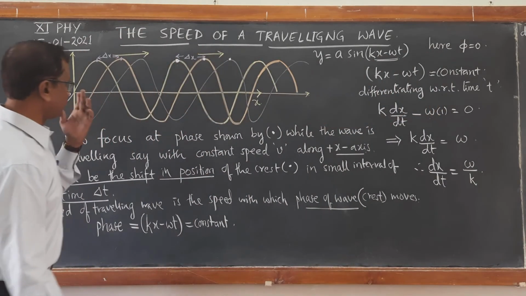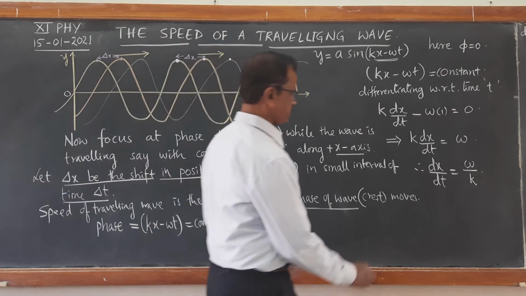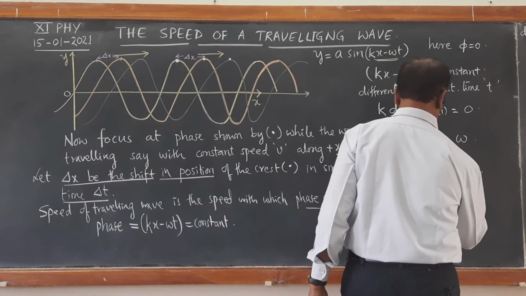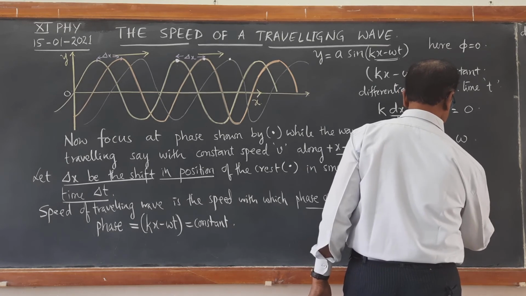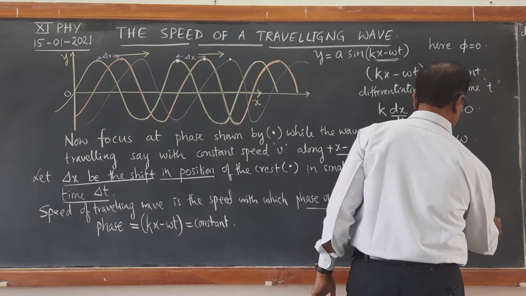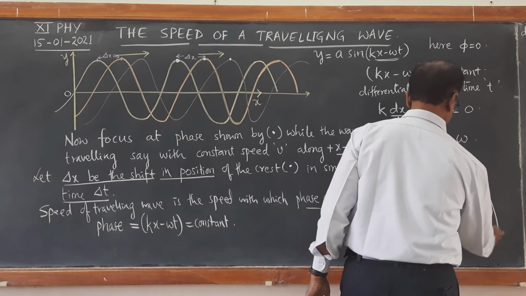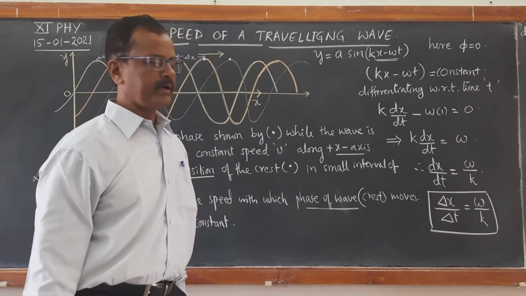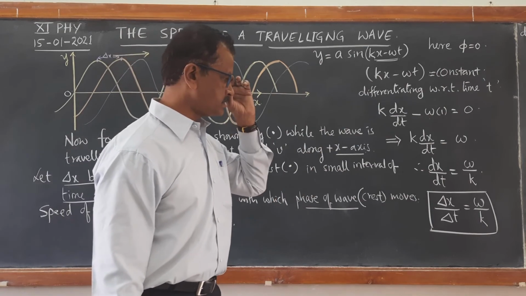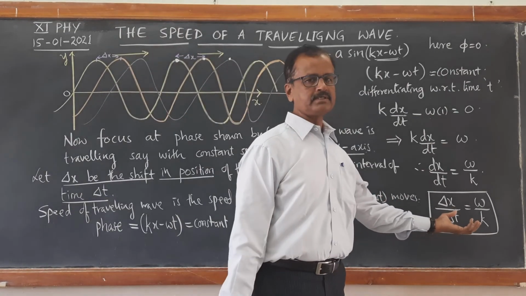So here we have taken delta x. The same thing we can write as delta x by delta t is equal to omega by k. So the ratio of angular frequency to the angular wave number gives us what is known as the speed of a progressive wave.